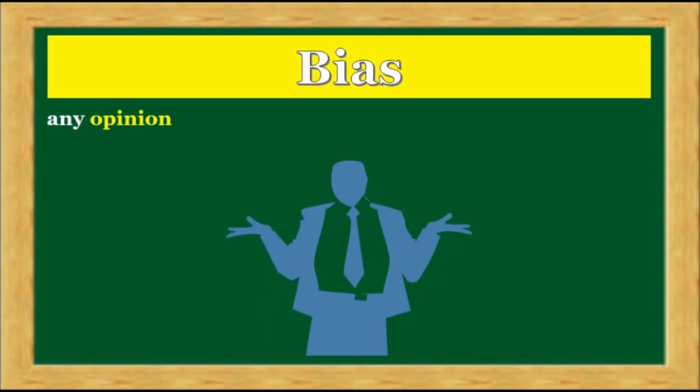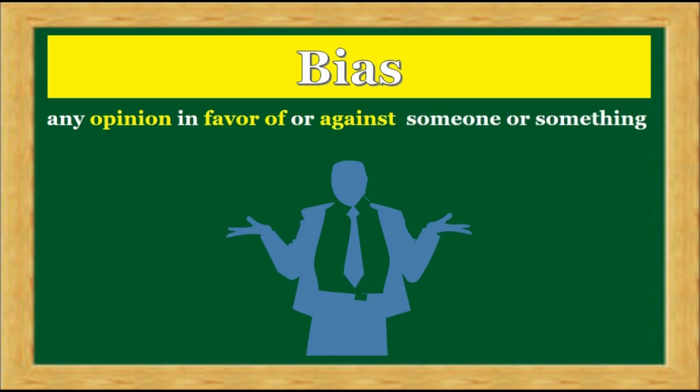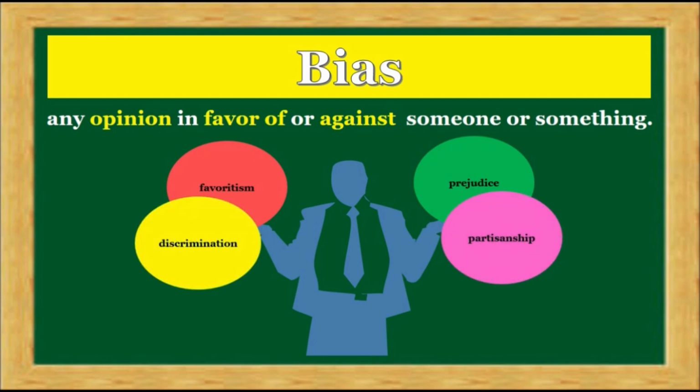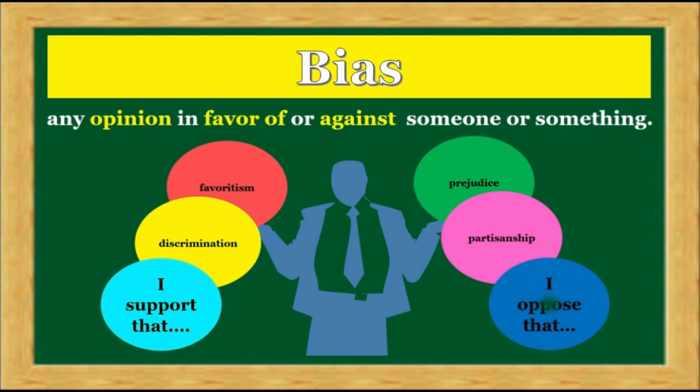Bias is any opinion in favor of or against someone or something. Others call bias as favoritism, prejudice, discrimination, or partisanship. A person's bias is directly revealed when he uses expressions like, "I support that," or "I oppose that."